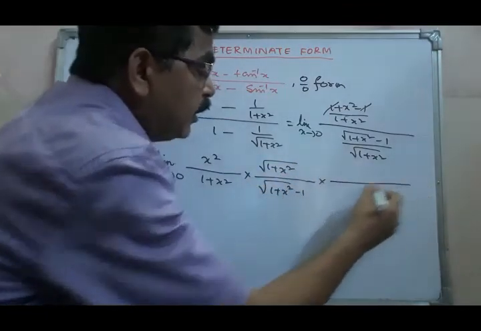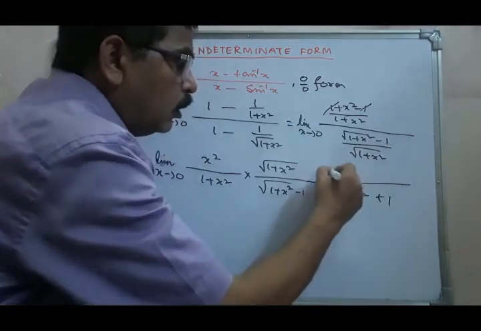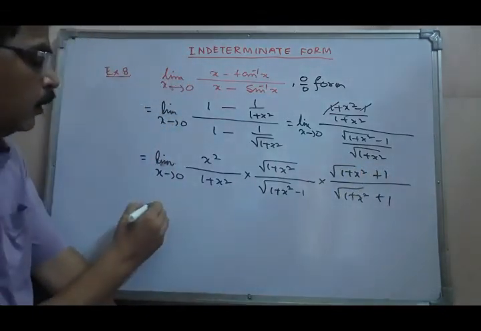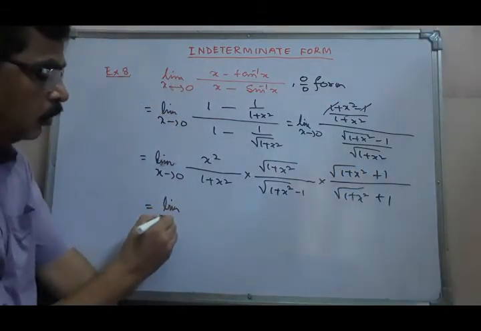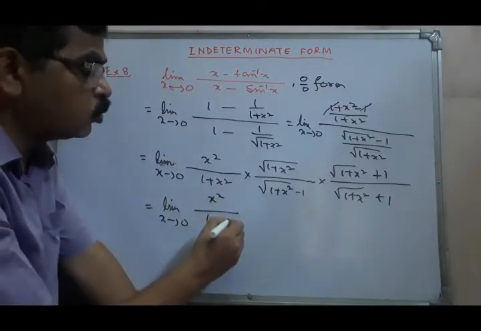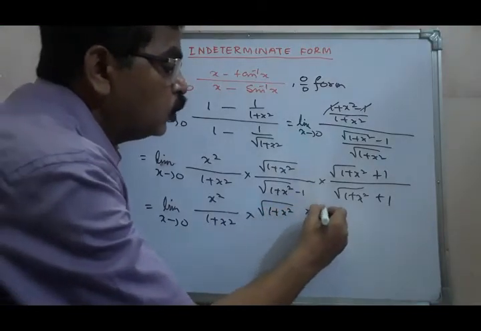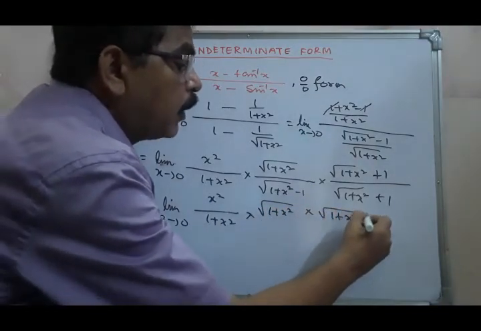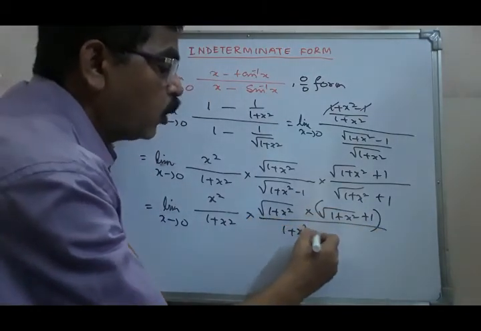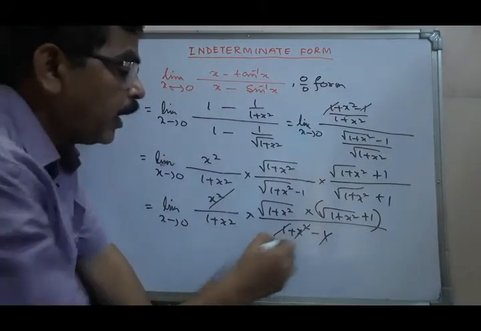We are rationalizing the denominator. So root over 1 plus x square plus 1, root over 1 plus x square plus 1. So limit x tending to 0, x square by 1 plus x square, root over 1 plus x square into root over 1 plus x square plus 1 divided by 1 plus x square minus 1. So this one gets cancelled, x square gets cancelled.